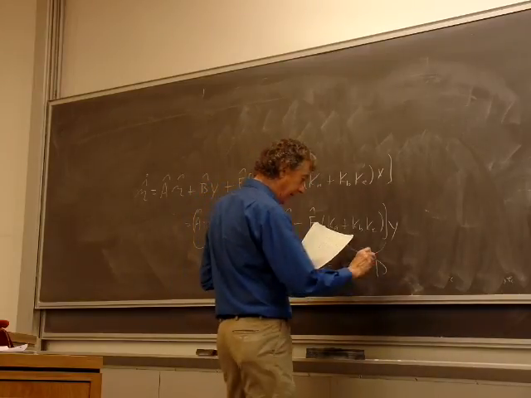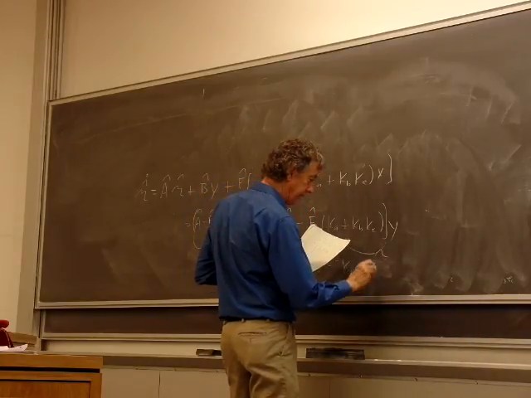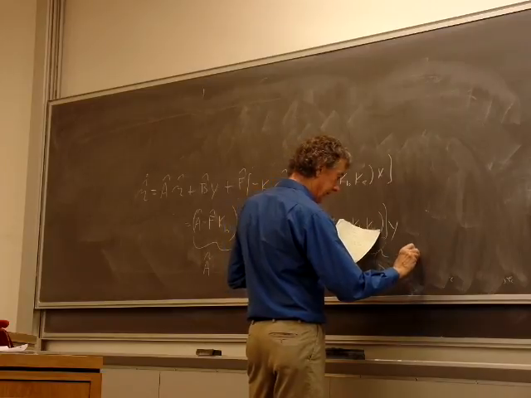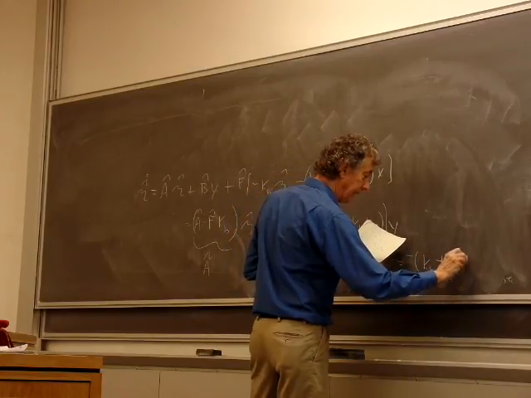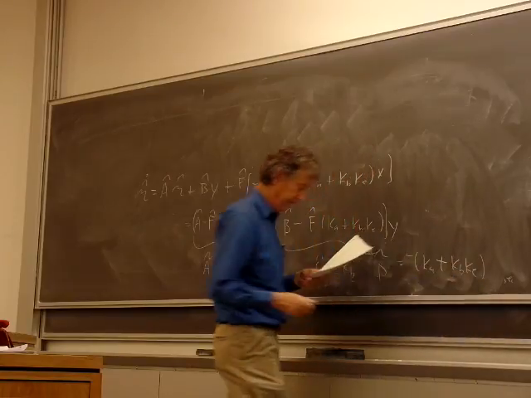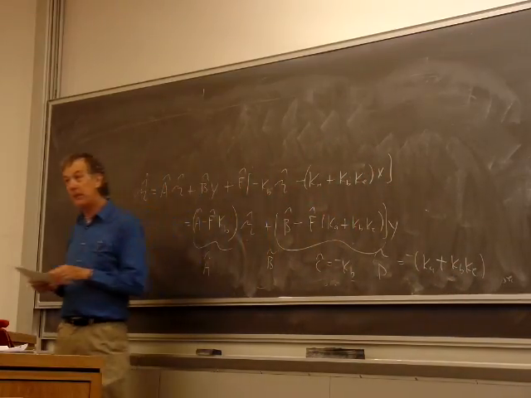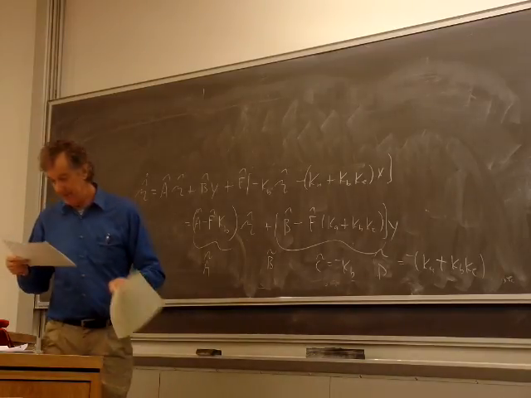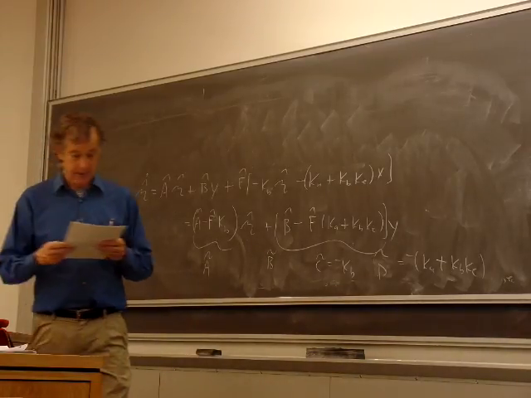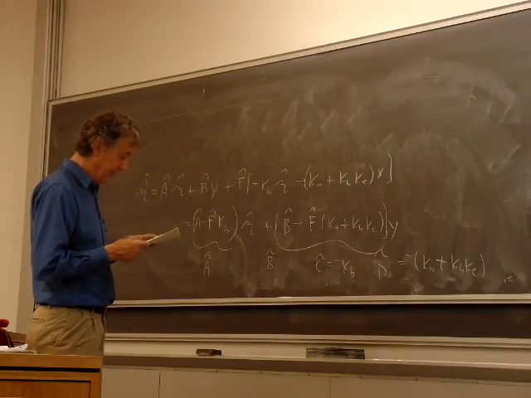And our D matrix, so we have a D matrix now, is minus Ka plus Kb. So I have new A, B, C, and D matrices. Okay.